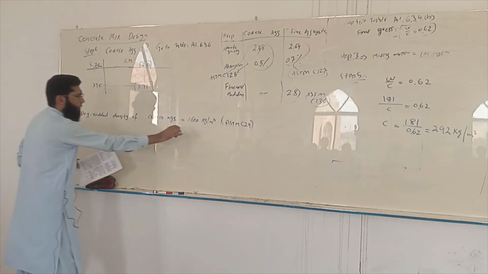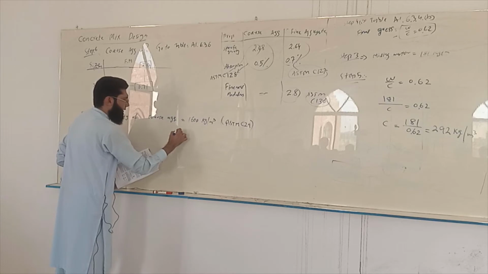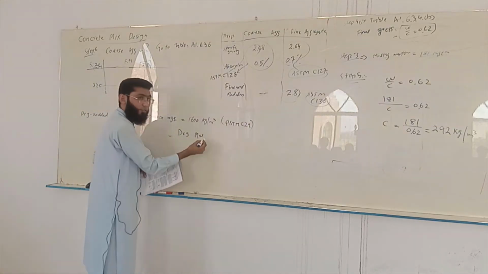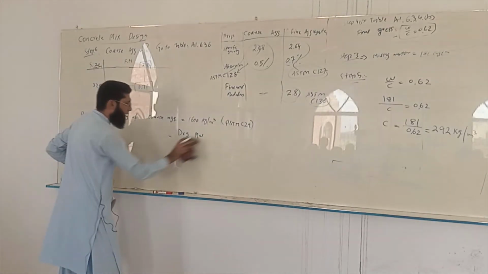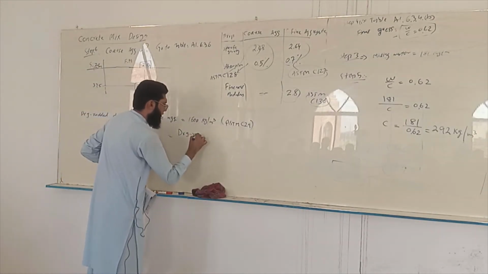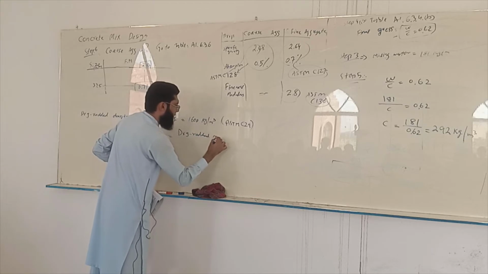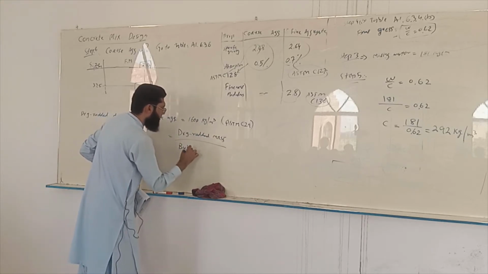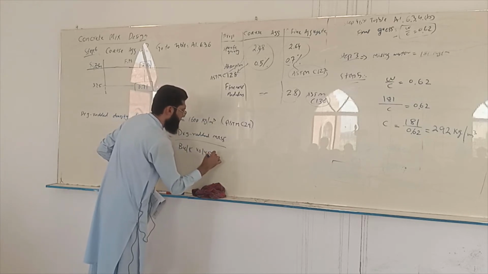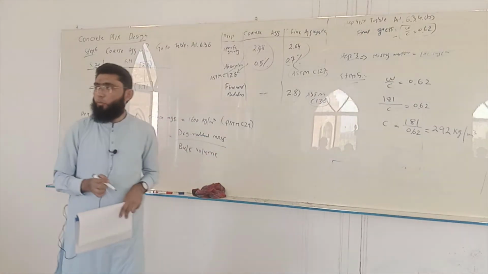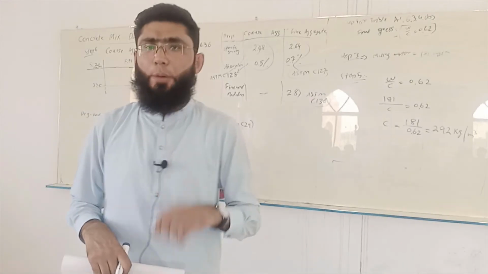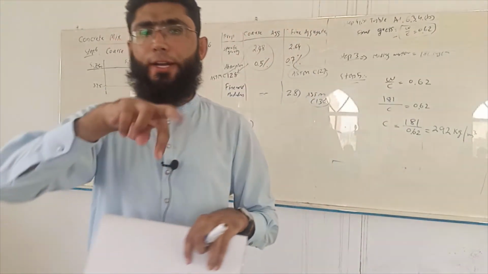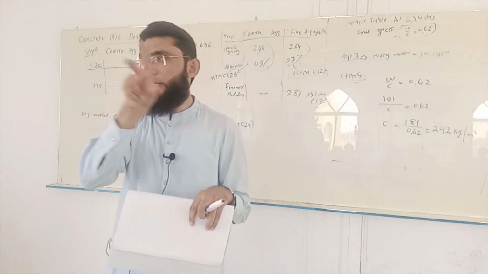How do you calculate this term, 1600? How was this calculated? Dry rodded mass over bulk volume. You understand the difference? One is bulk volume and the other is absolute volume. Bulk volume includes the voids between aggregate particles.